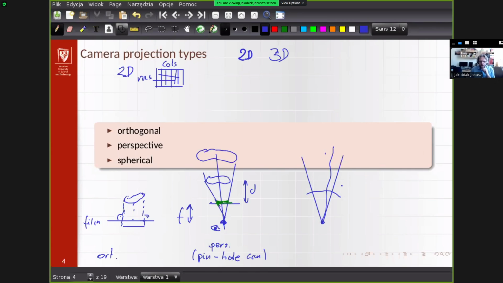Here you get the x and y position on a plane that corresponds exactly to the x and y position of this flat surface located in some place.